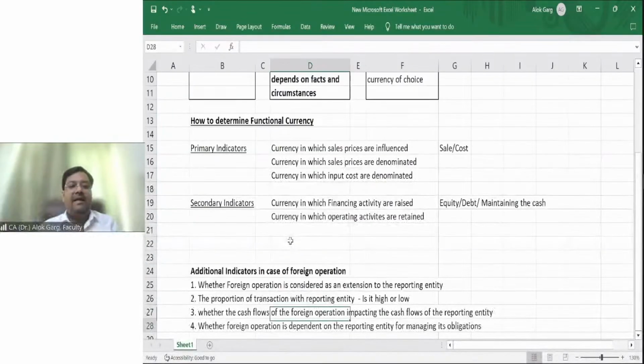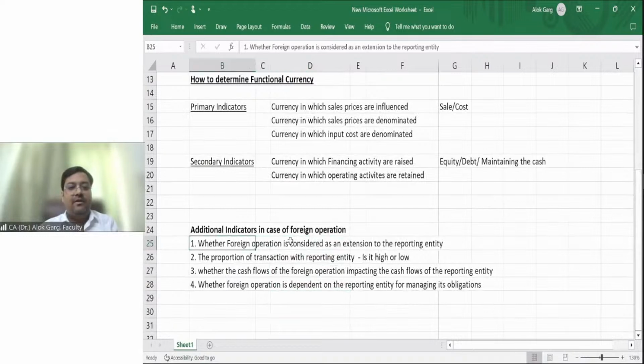Let's summarize this again. Additional indicators in case of foreign operations. First indicator: whether the foreign operation is considered as an extension of the reporting entity. Answer is yes.